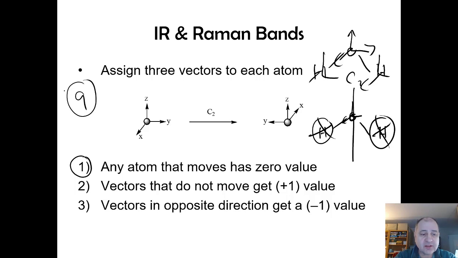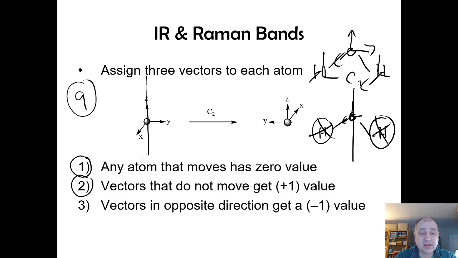Let's take a look at what we do if the atom stays put and just rotates, reflects, or inverts. The vectors that do not move get a positive value. Here we're going to do the C2, this is our example, through the z-axis.